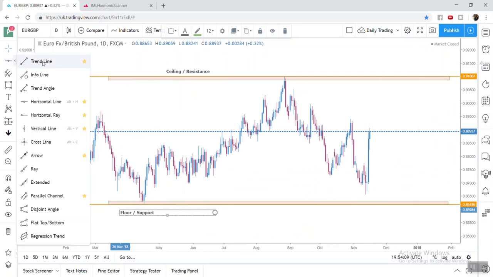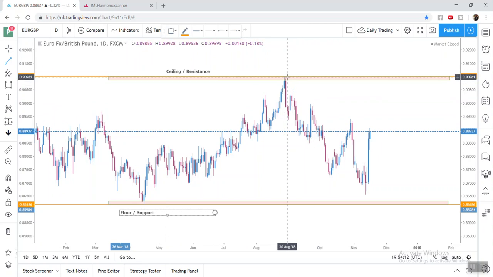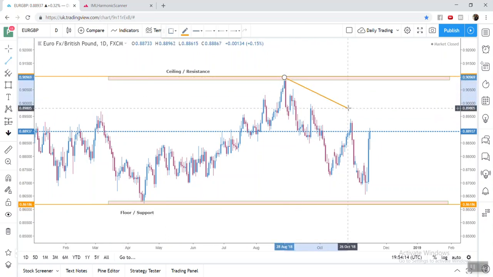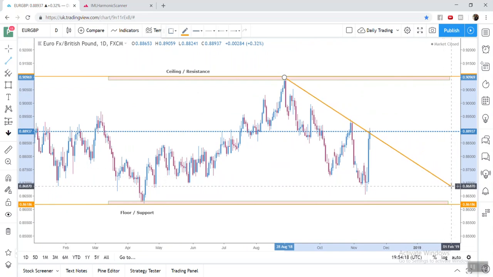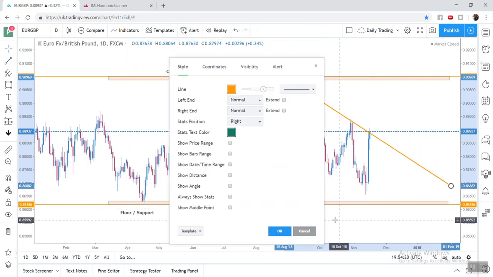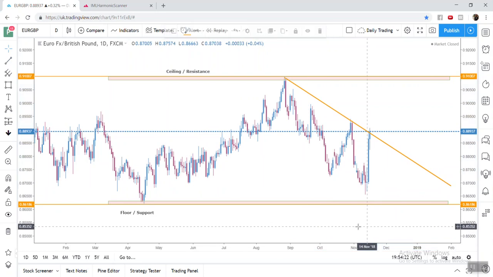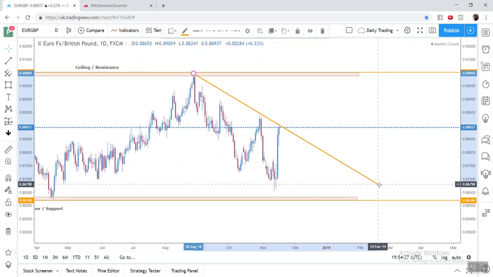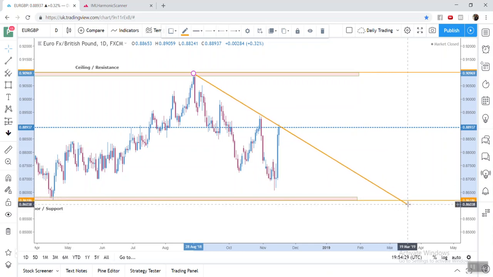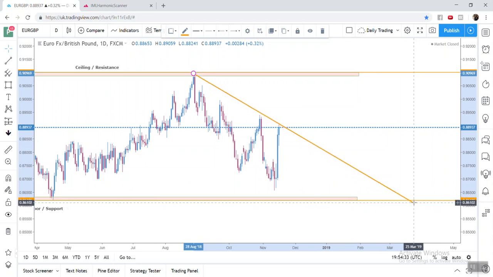I'm going to take a trend line and I'm going to go from the high down to the low, like that.